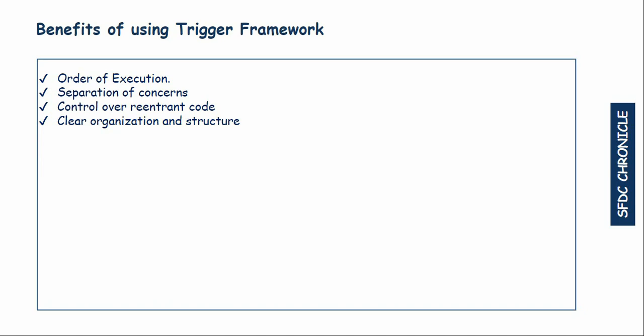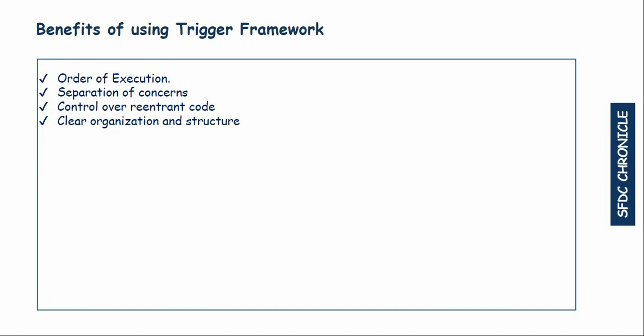Order of execution, separation of concern, recursion handling or reentrant code control, and most importantly, clean structure and better organization. I will break down each of these points in this video.